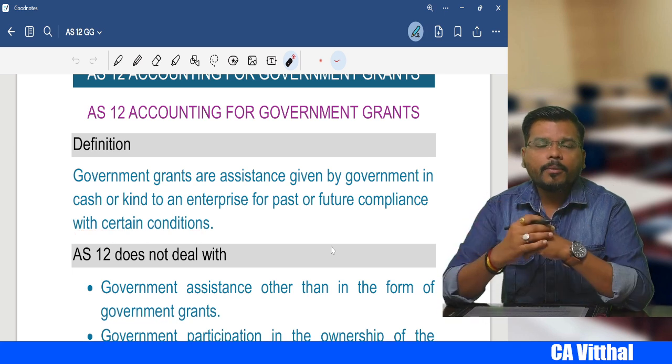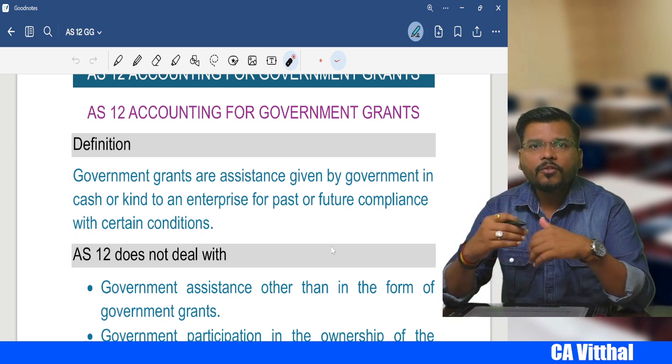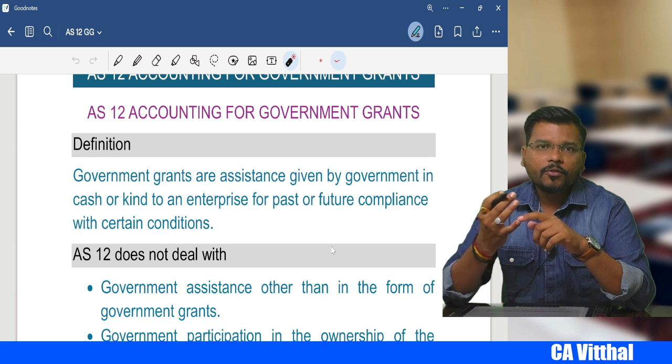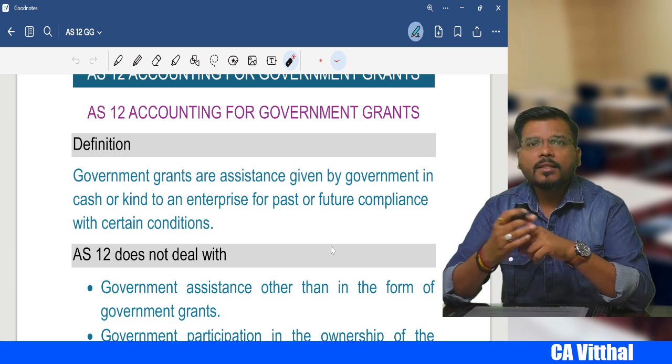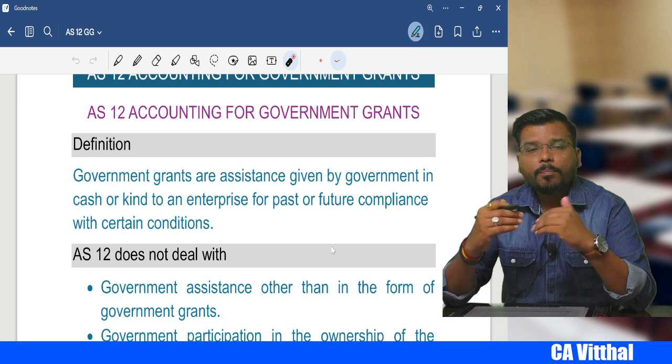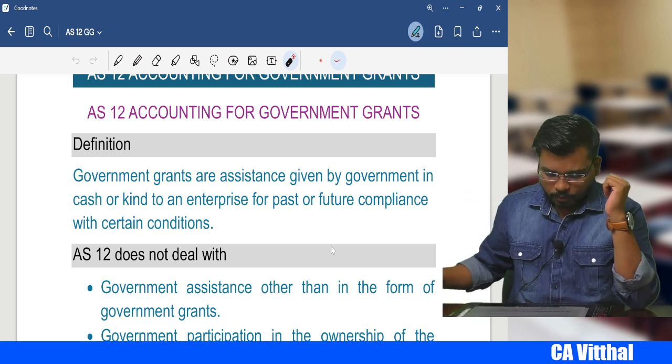So whenever government gives some assistance in the form of grant, that can be in the form of cash or kind for compliance of certain conditions which relate to the past or the future, right?